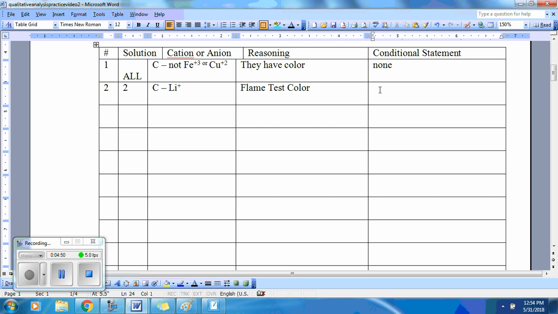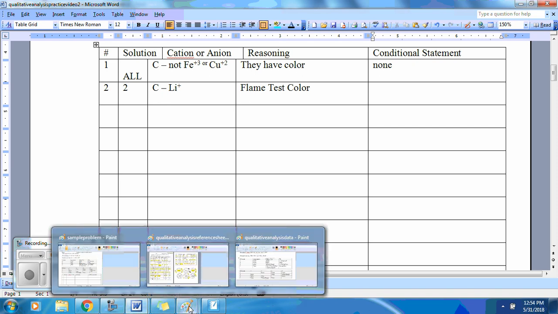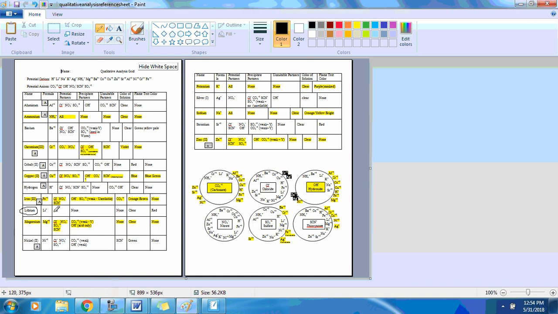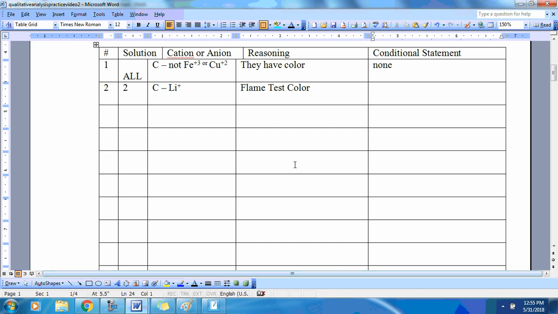Now, the conditional statement. This means if I know the cation, what's the anion, or vice versa. So I'd look at the reference sheet, at lithium, and find out what its potential partners are. I'm really looking at this column here, because I want to know what lithium is soluble with. It says here that it can be soluble with anything. So I go back and write any anion.